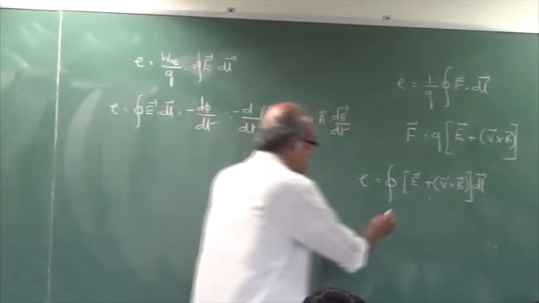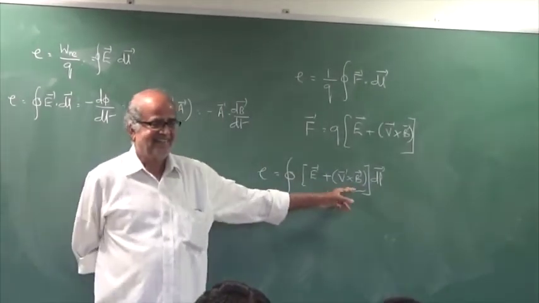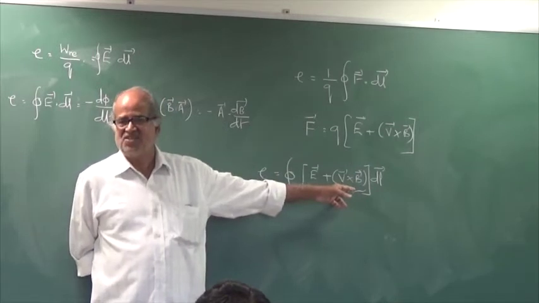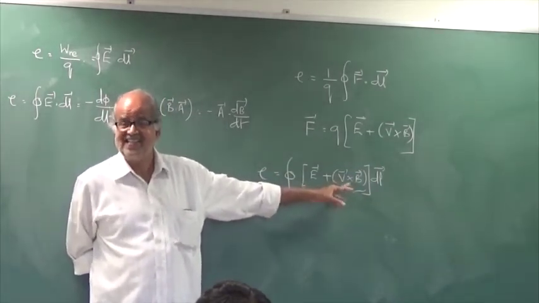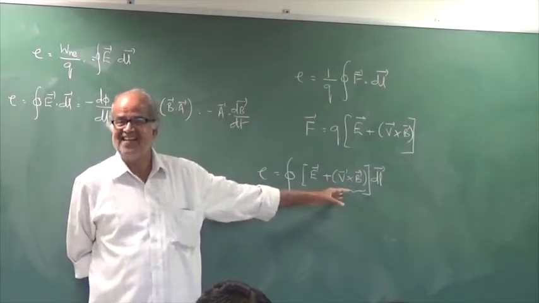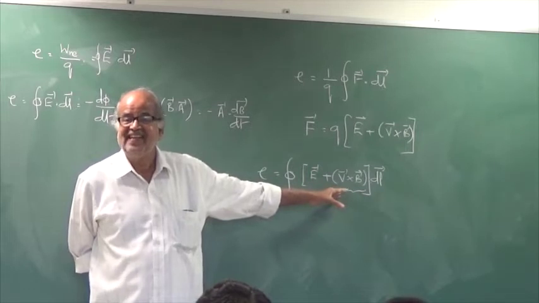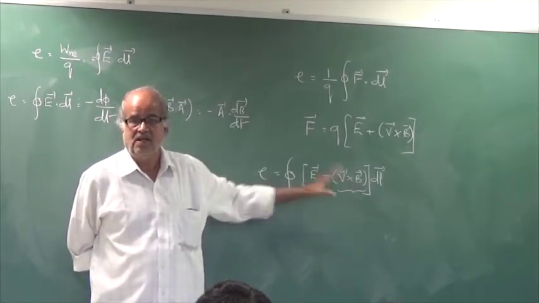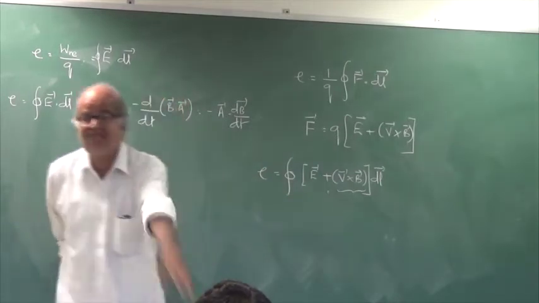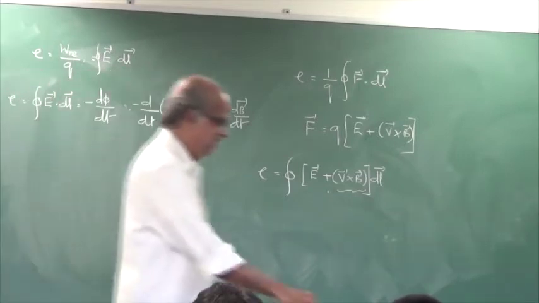The second factor is responsible for the production of EMF whenever there is a relative motion between the conductor and the magnetic field. In fact, this is what we call motional EMF. Remember it.